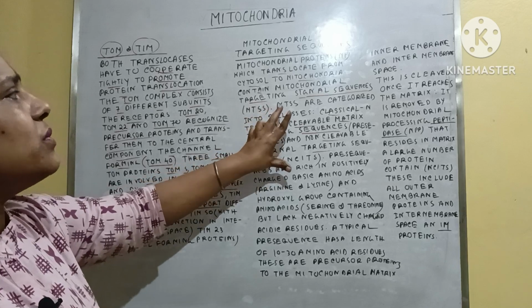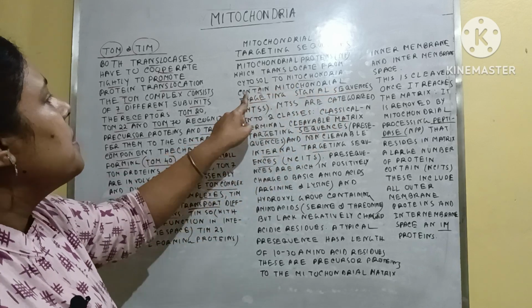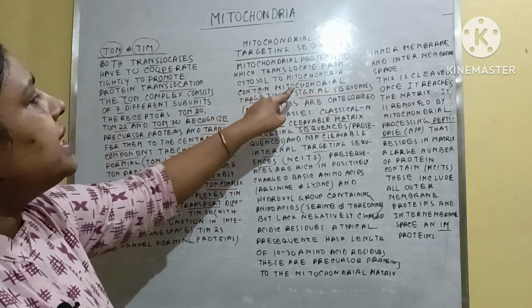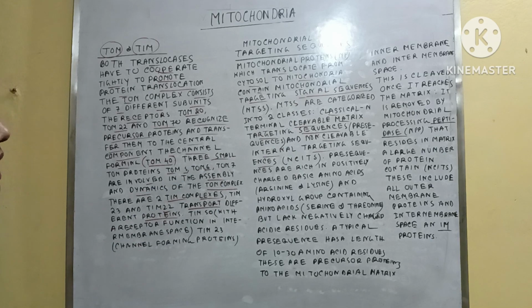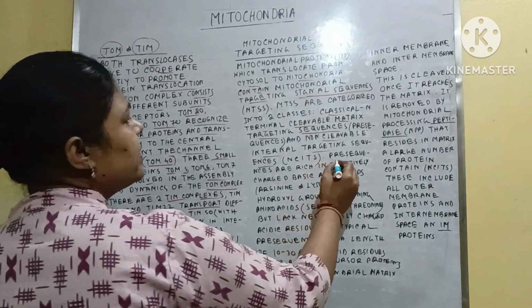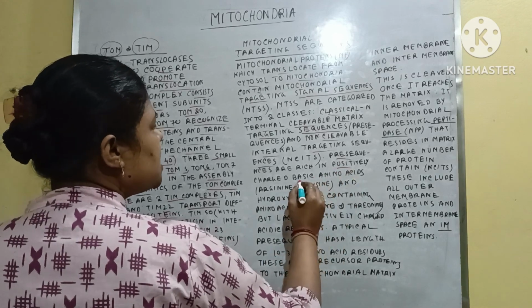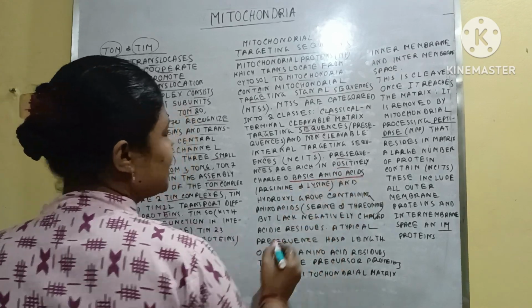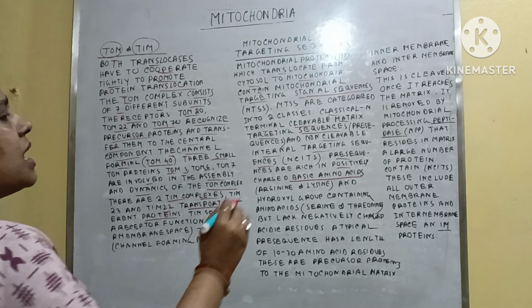Two kinds of sequences, signal sequences, or you can say the mitochondrial targeting signal sequences, are generally present. These pre-sequences are rich in positively charged basic amino acids, not negatively charged amino acids.